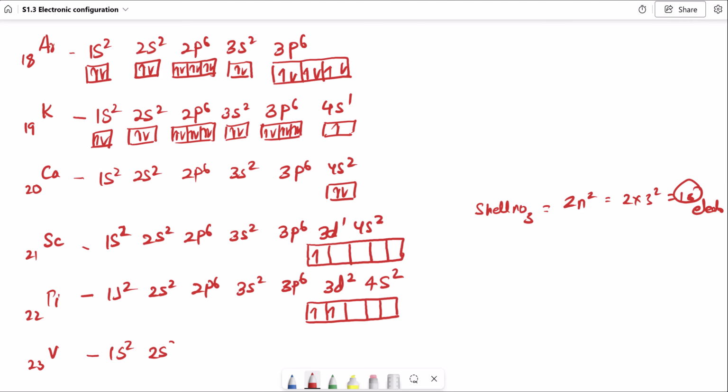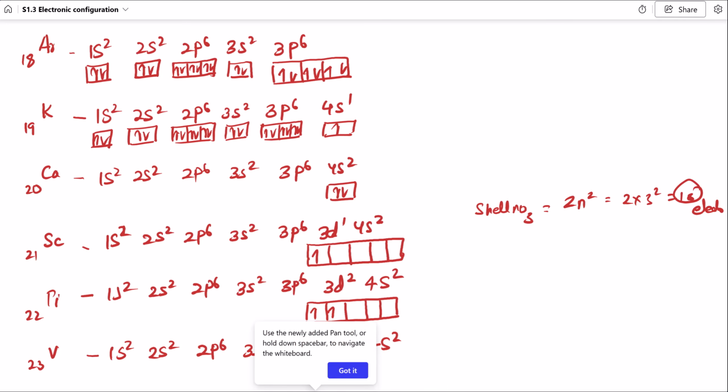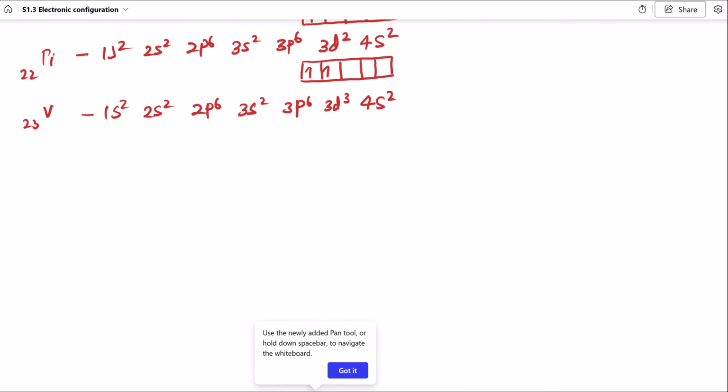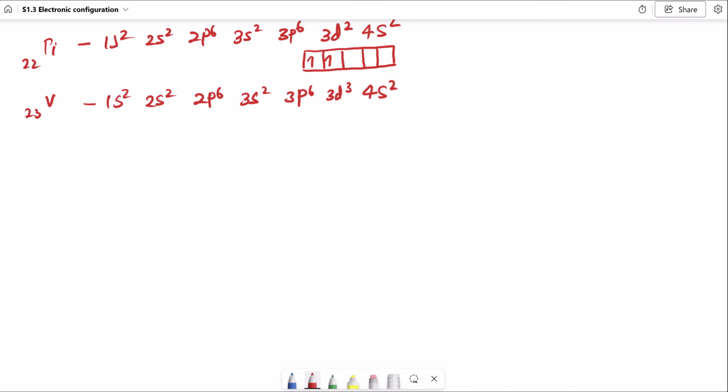Vanadium: 1s2, 2s2, 2p6, 3s2, 3p6, 3d3, 4s2, right? So here you will find that the d orbital has 3 electrons. 1, 2, 3, and 4s2 will be as it is.